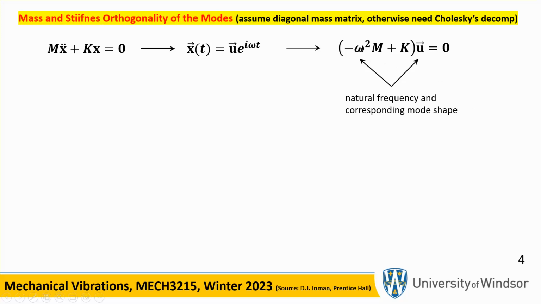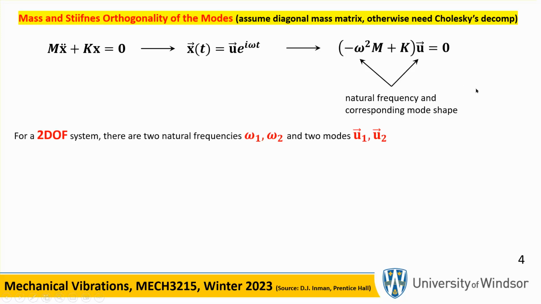Now this omega is called the natural frequency, and U is the mode shape associated with the natural frequency. In the language of your linear algebra class, this is a generalized eigenvalue and this is a generalized eigenvector, but let's not worry about that. This is what we got. We have to find omega, and we have to find U. And this we did in lecture 18.